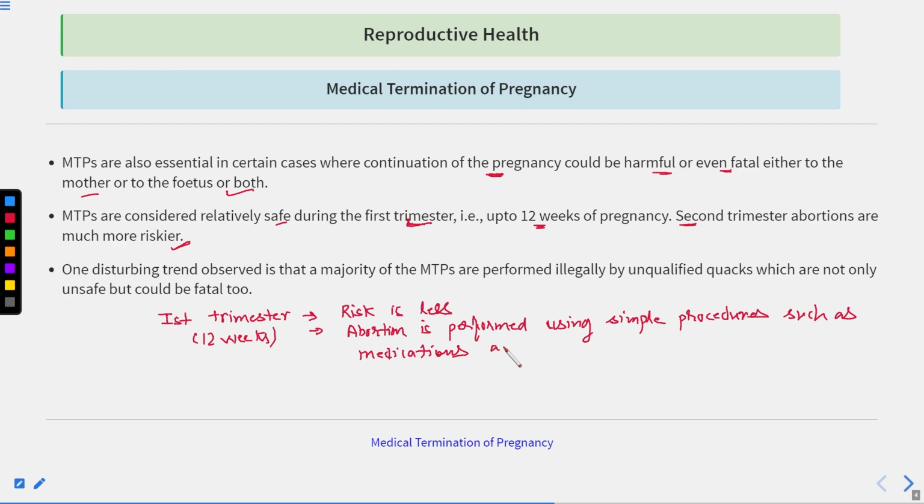Using vacuum aspiration. Using vacuum aspiration also, abortion can be done.